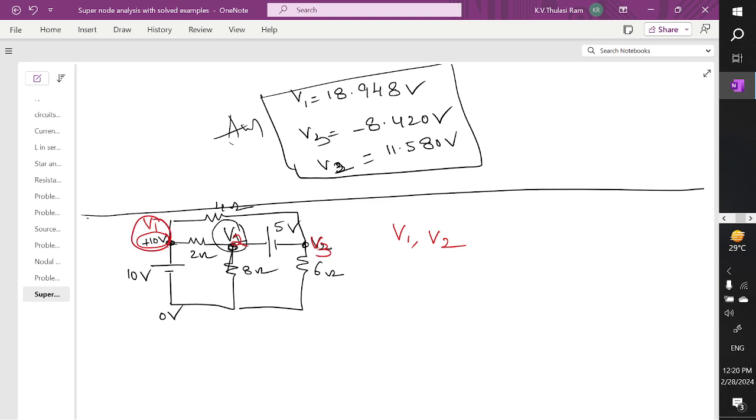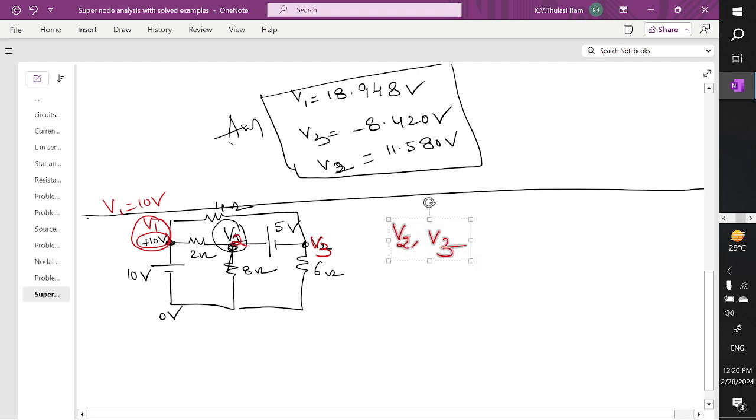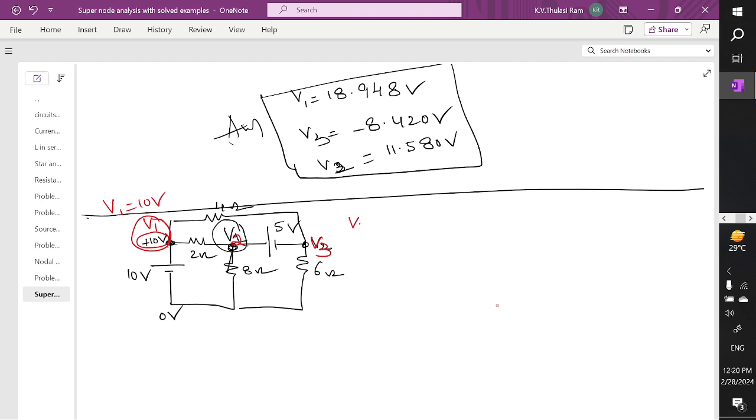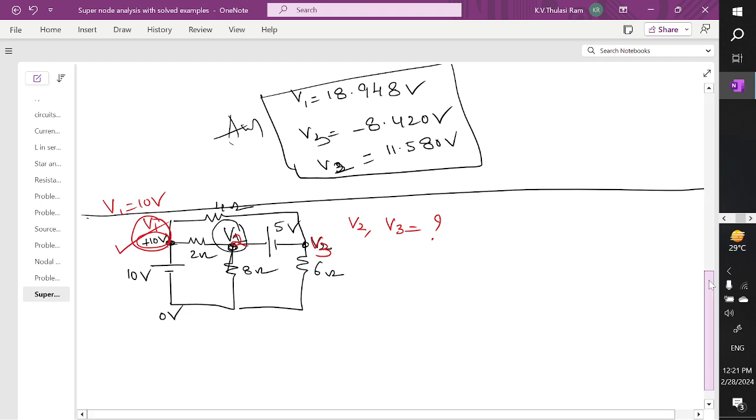Already given, for your analysis V1 is equal to 10 volts. Now the unknown nodes are V2 as well as V3. It asks us to find out V1, V2, V3, and already V1 is specified in the problem. So now how to find out?